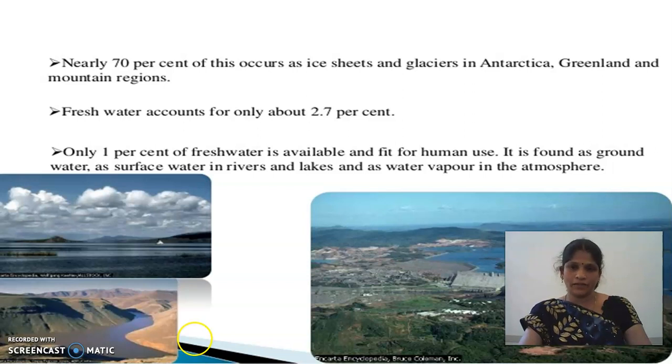Nearly 70% of this occurs as ice sheets and glaciers in Antarctica, Greenland and mountain regions such as the Himalayas. Only 0.7% of fresh water is available and fit for human use. It is found as groundwater, as surface water in rivers and lakes, and as water vapor in the atmosphere.